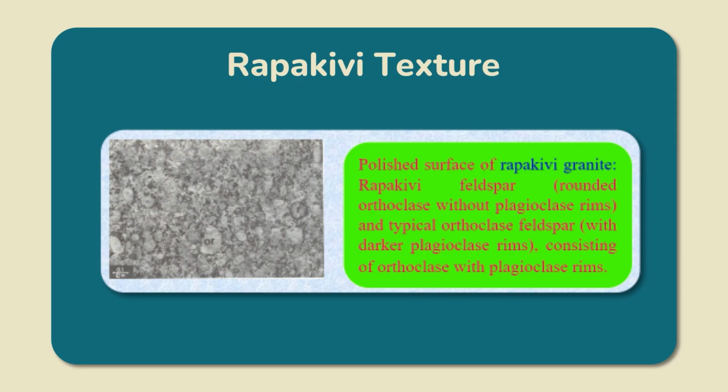Polished surface of a Rapakivi granite: rounded orthoclase without plagioclase rims, and typical orthoclase feldspar with darker plagioclase rims. Here you have darker plagioclase rims, consisting of orthoclase with plagioclase rims. Finally, how it looks under the microscope.